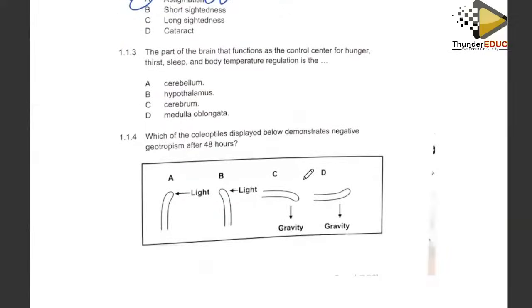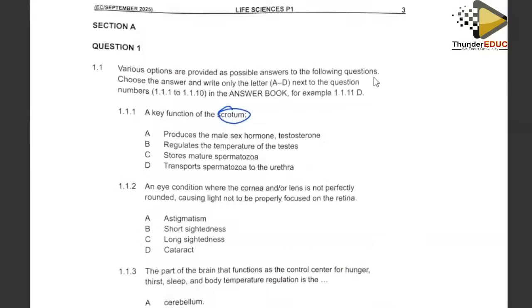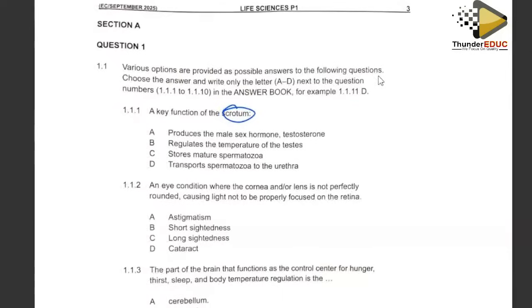Then we go to the next part. The function of the scrotum is very important for protection. How does it protect? First of all, through mechanical, physical protection. It also helps in protecting the testes against too much temperature.